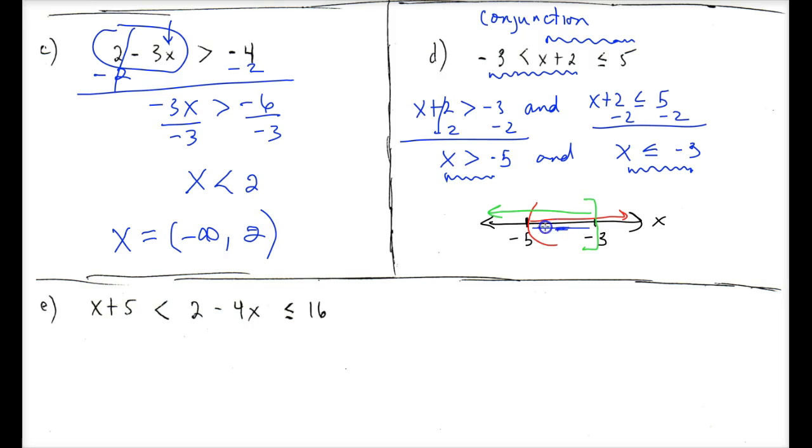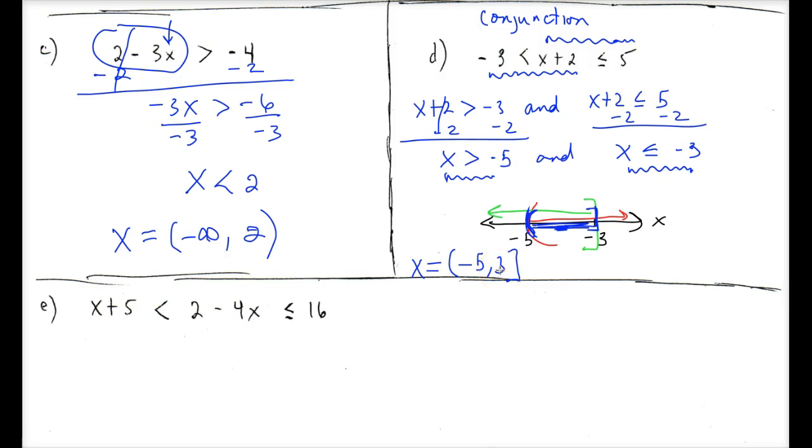So all the numbers that are above -5 but less than or equal to 3 are the numbers that satisfy both of these. So if we want to write this answer in interval notation, it will look like this: parentheses -5, comma 3 with a bracket.